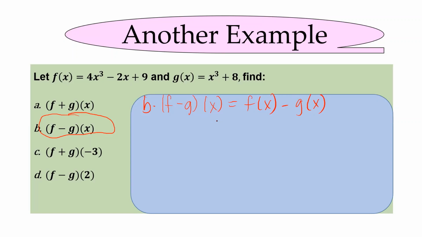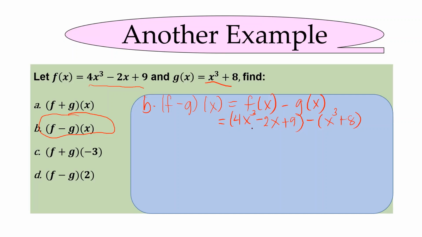Then, we have to substitute the value of F of X. Ito, 4x cubed minus 2x plus 9. Do not forget the open and close parentheses. Bring down minus. Then, the function of g of x, we have here x cubed plus 8.